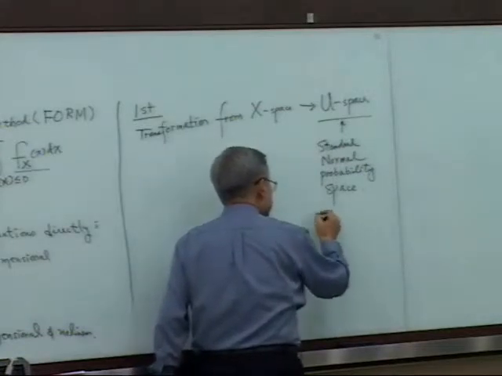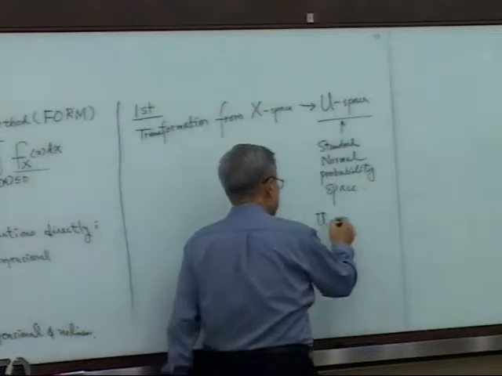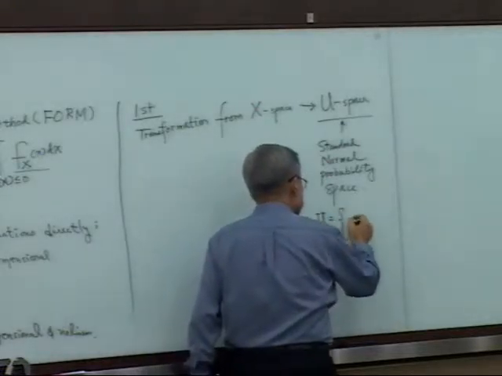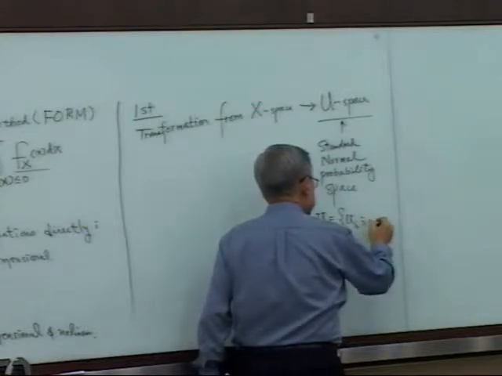Over here, U is a random variable, capital letter, of course multi-dimensional.